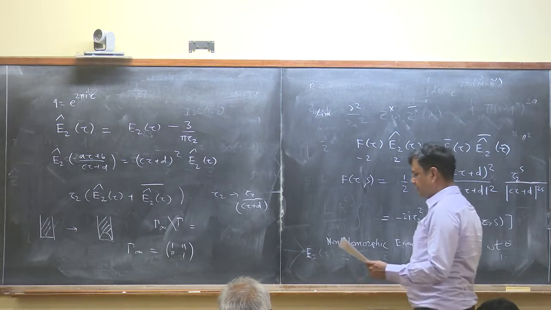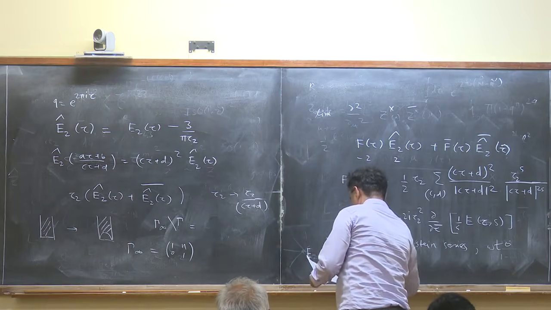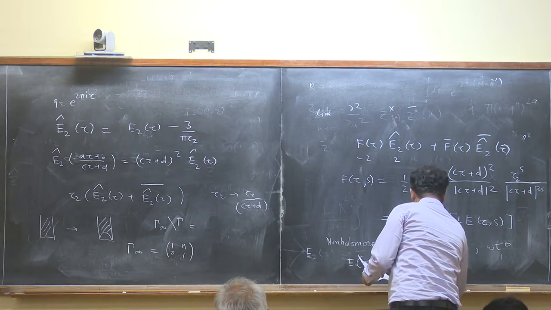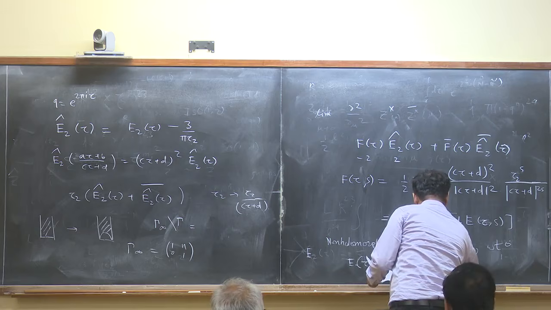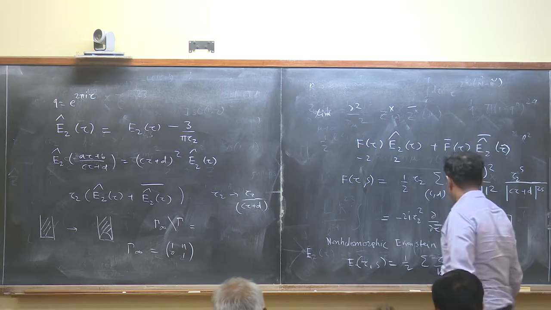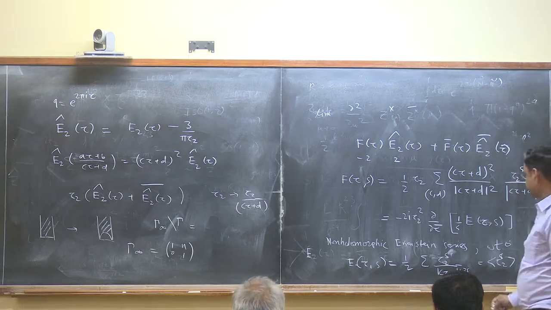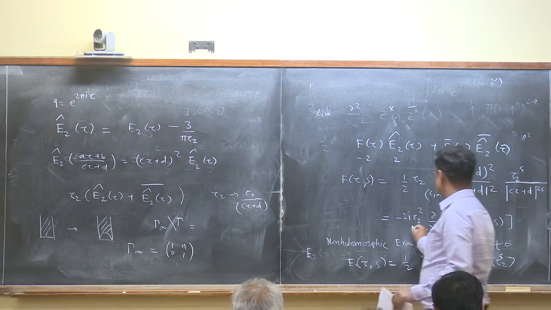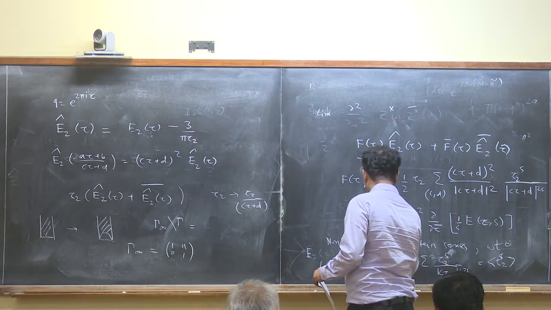The non-holomorphic Eisenstein series is basically a modular average of tau 2 to the power S. This is actually a very popular object in number theory and so on. And this operator is called the Maass lowering operator.